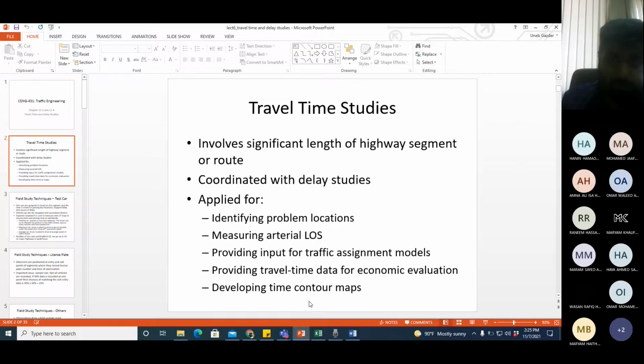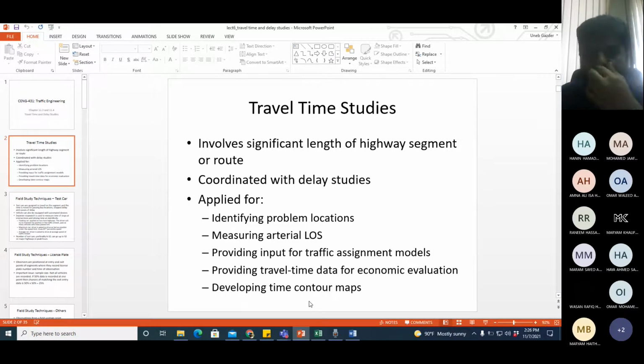A route will have multiple highways, for example a route from Isa town to Manama, or from Isa town to Safed. If you observe travel time for a particular route, you cannot use that travel time to find out spot speed. That is against the definition of spot speed.